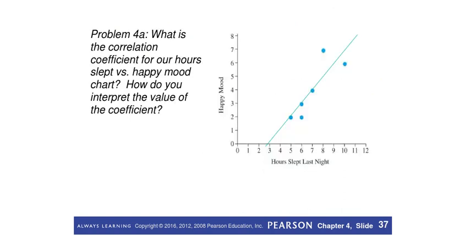If we looked at our best fit line, we said y hat, our predicted line, was equal to negative 3 plus 1 times x. We got an r equal to 0.85 or so, and we said this would be a very strong positive correlation.